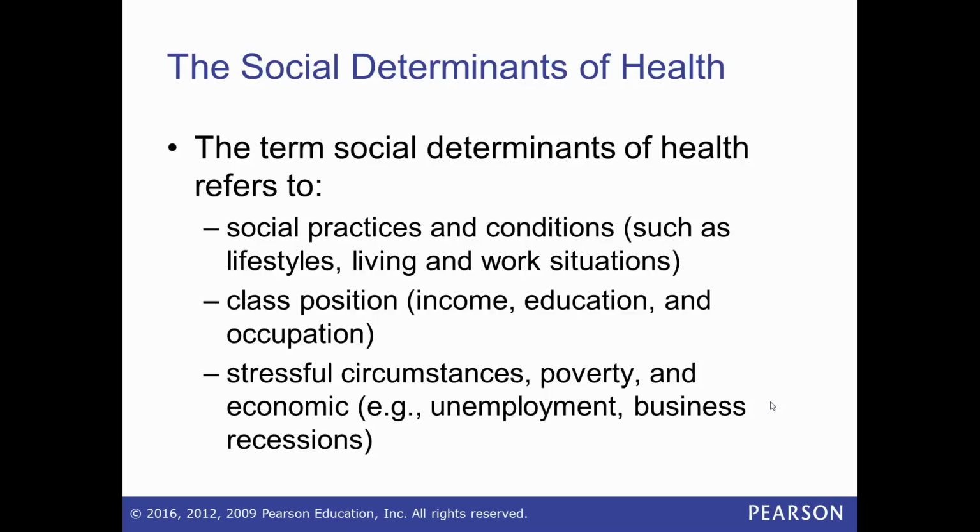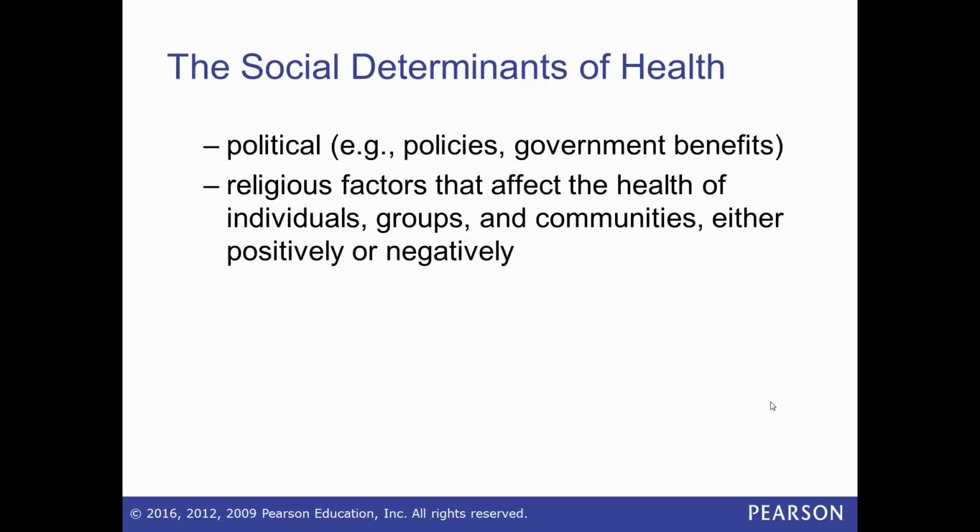We use these variables to determine where somebody resides in the social hierarchy. Finally, we'll get to stressful circumstances such as poverty, economic issues such as unemployment, business recessions, and so on. Taken together, these three groups of factors result in different health outcomes for different groups among the population.